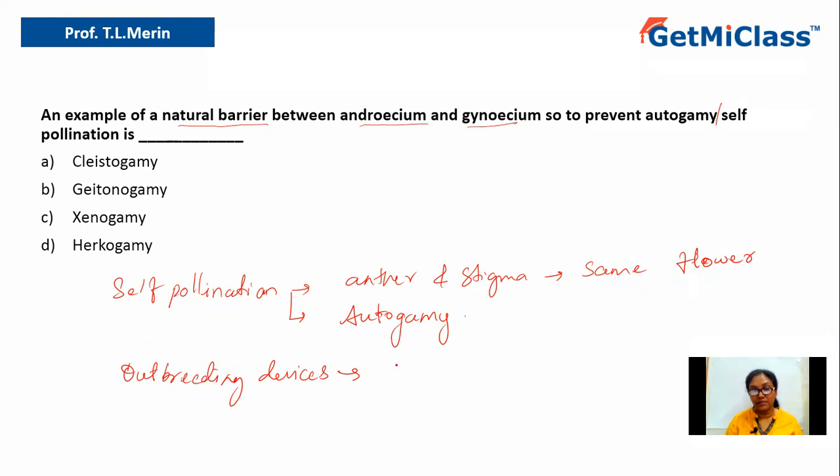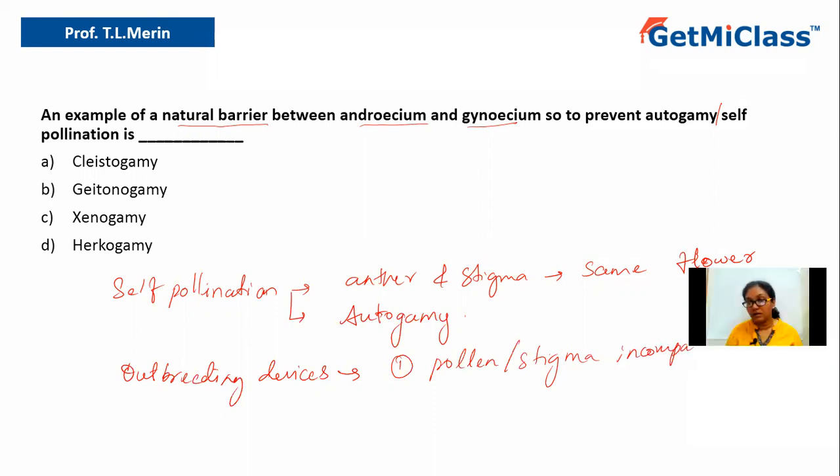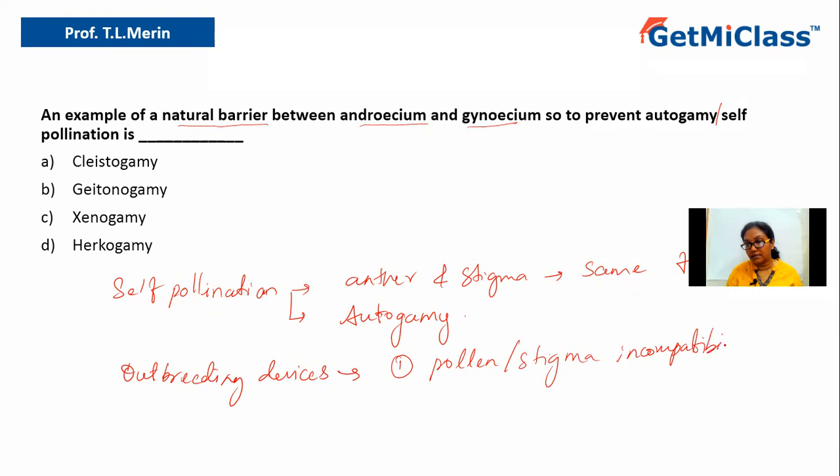The first one we can say is pollen stigma incompatibility, where the stigma will produce certain chemicals which will not allow the pollen grains of the same flower to germinate. That is pollen stigma incompatibility.